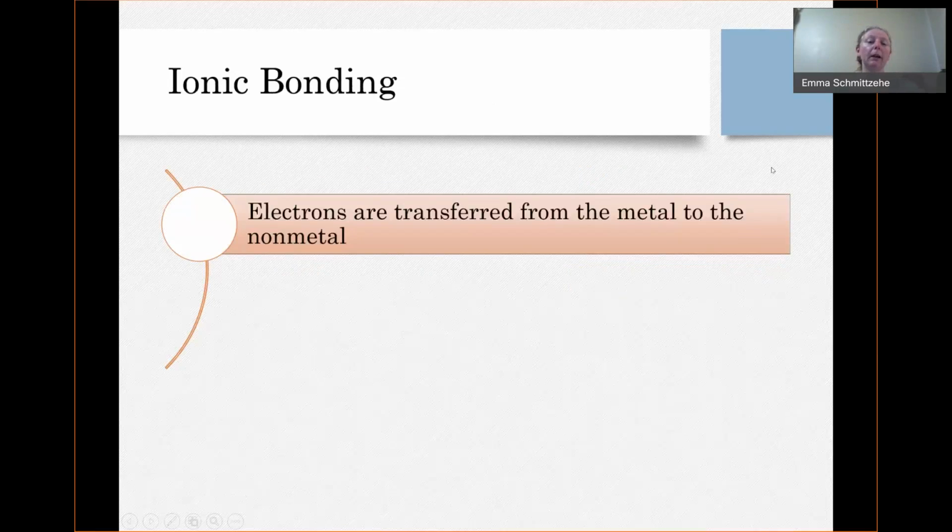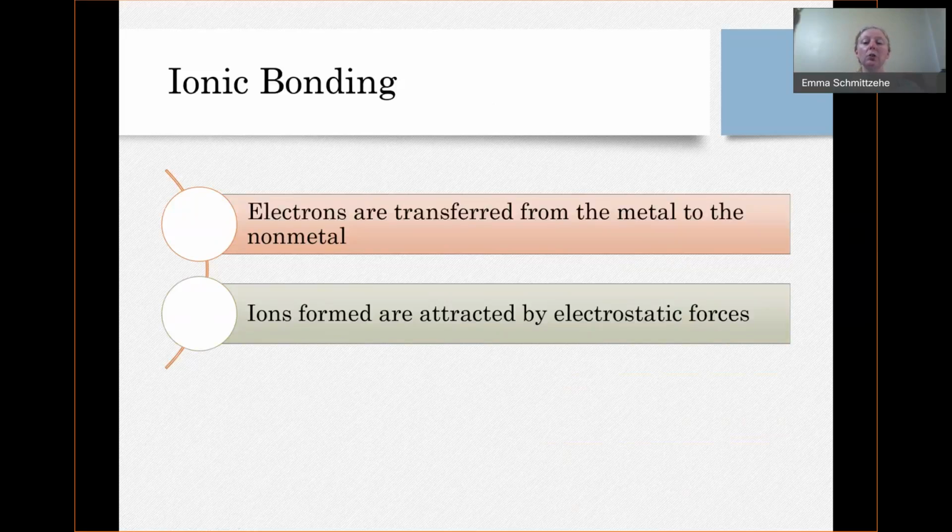So you end up forming a cation and an anion, and those are attracted by electrostatic forces. That's what ionic bonding is. Now, if we wanted to represent this using Lewis symbols and overall a Lewis structure for the compound, I would suggest you draw the neutral elements first.